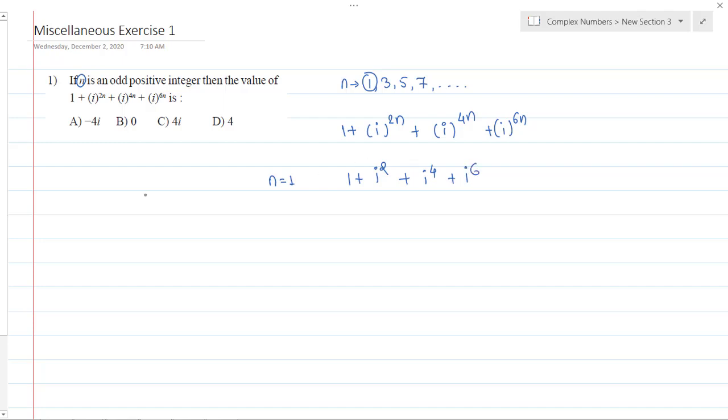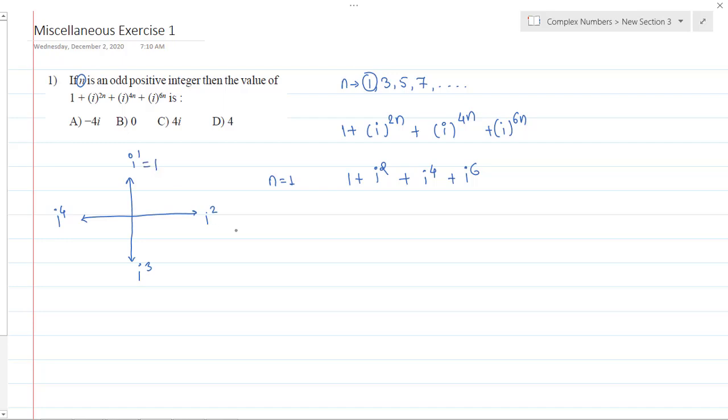I hope you remember the concept which we have studied. Suppose this is the complex plane, so this is i, this is minus 1. This is i raised to power 1, this is i raised to power 2, this is i cubed and this is i raised to power 4.